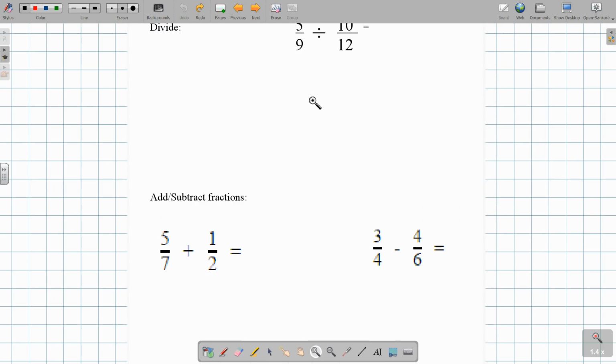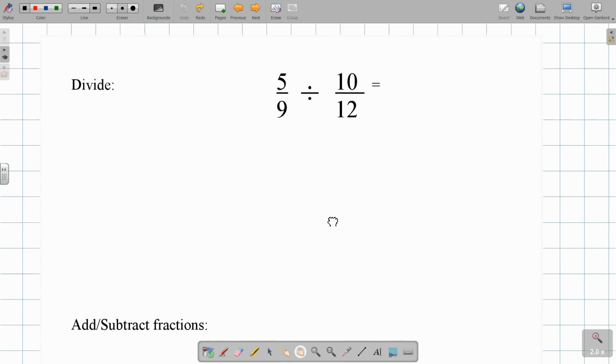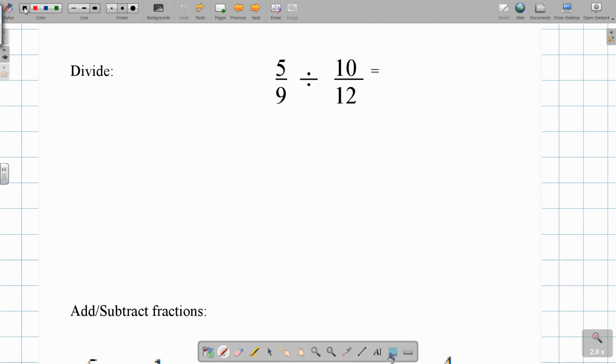Recapping, dividing fractions. Dividing fractions is the same thing as multiplying by the inverse. So 5/9 divided by 10/12 is the same thing as multiplying by the inverse.